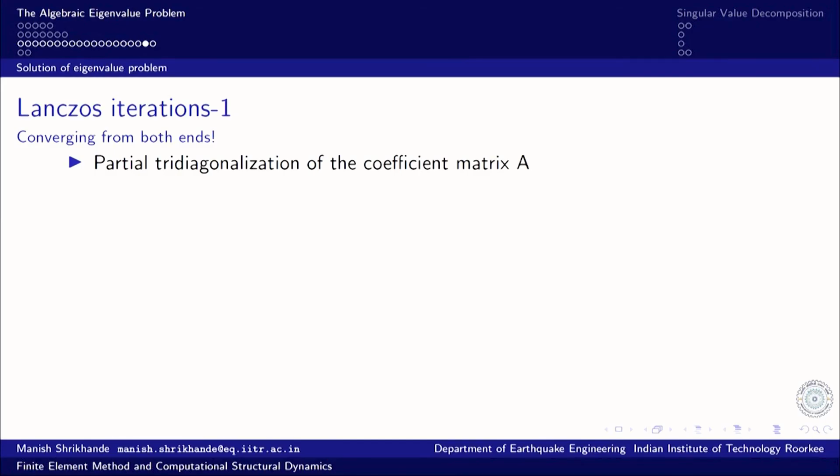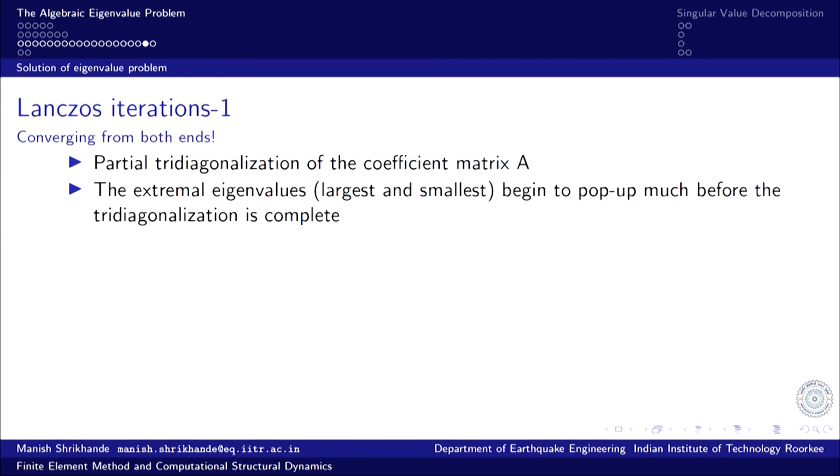With that we stop the discussion. Lanczos iterations are again related to the Krylov subspace that we encountered in the discussion of the conjugate gradient method. They are essentially related to converting the matrix to tridiagonal form and then using similar orthogonal transformations, and then it begins to converge from both ends.